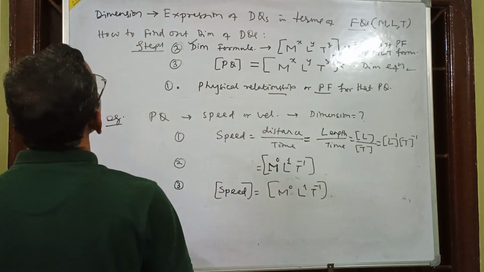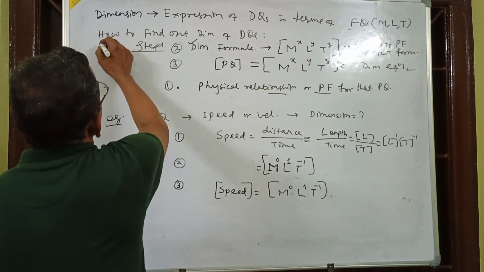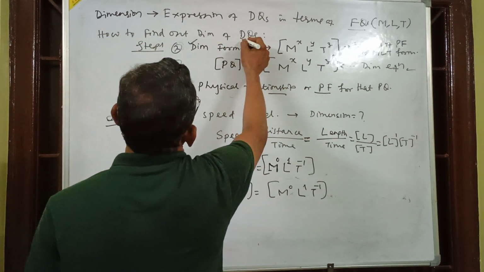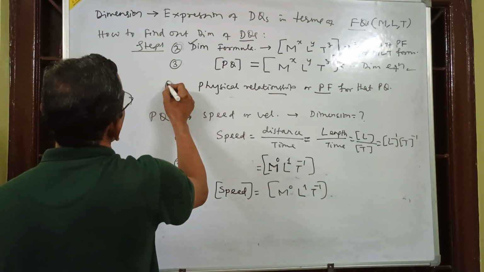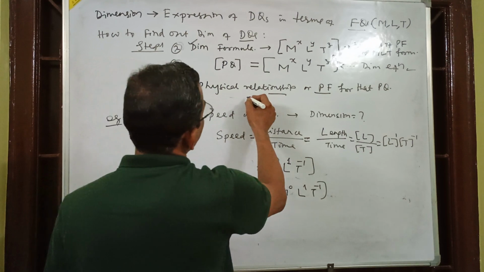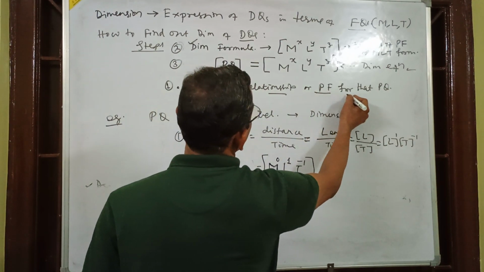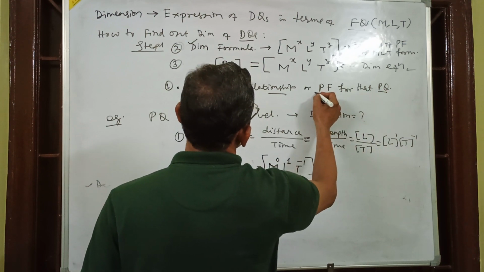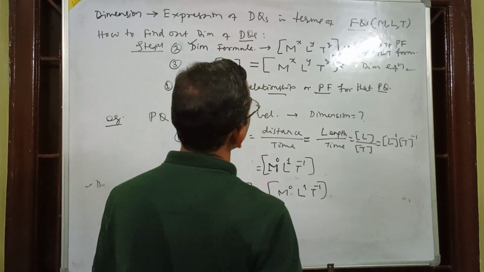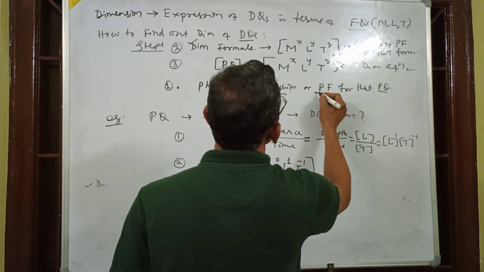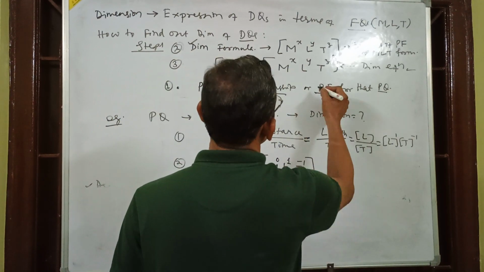That means to find the dimension of a physical quantity, 3 steps we have to follow. Number 1, the first step is we have to find the physical relationship, which gives the physical quantity in terms of a physical relationship or physical formula.